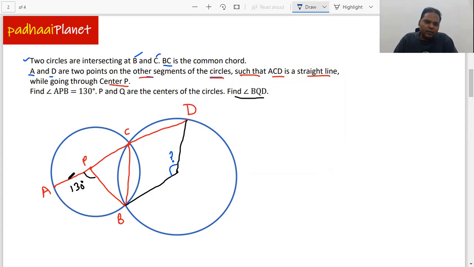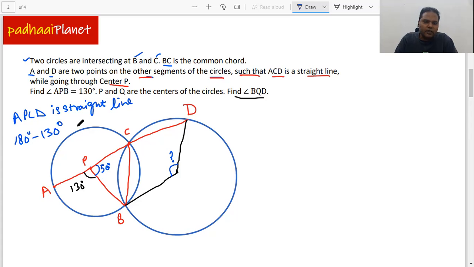The first thing is that because our line APCD is a straight line, I can always say that this angle is going to be 50 degree, because this is a straight line, and this angle is 180 degree minus 130 degree.